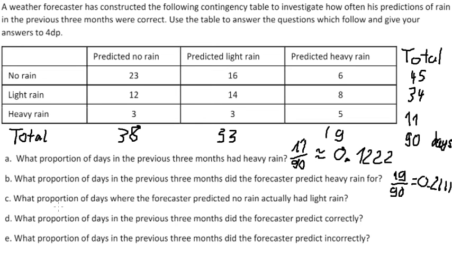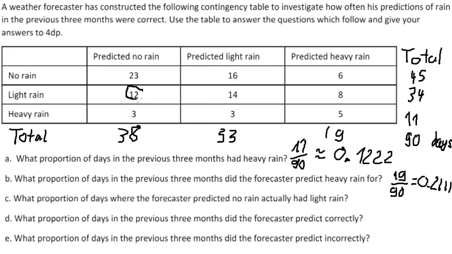Question C. What proportion of days where the forecaster predicted no rain actually have light rain? So we have predicted no rain in here, but there are 12 days with light rain. So that means this is about a given condition.